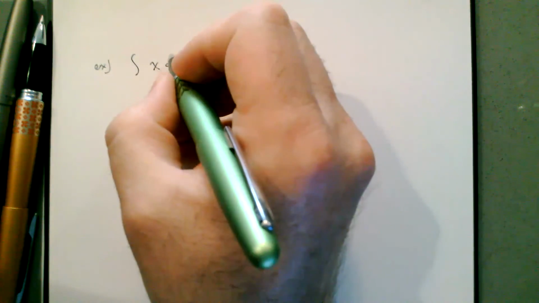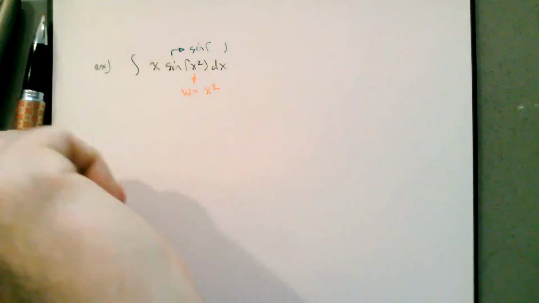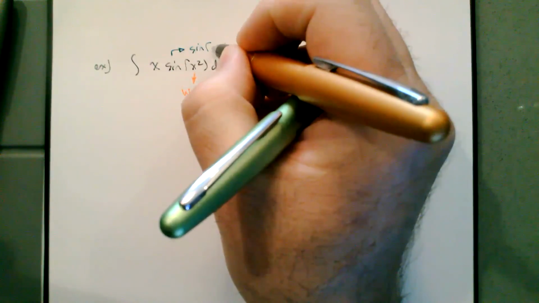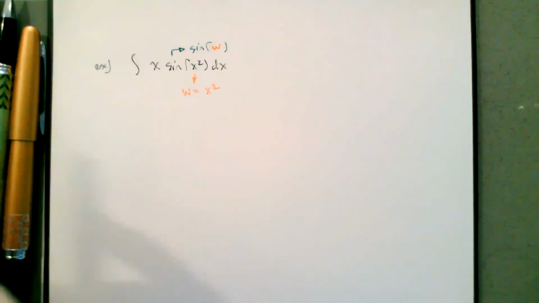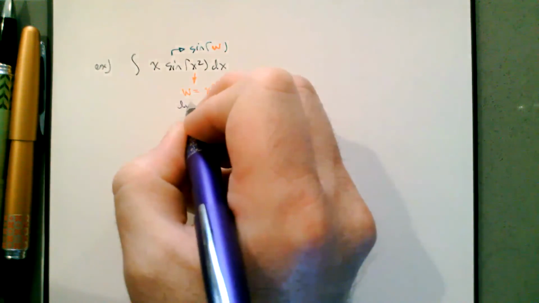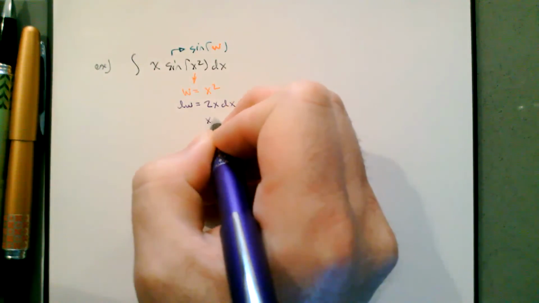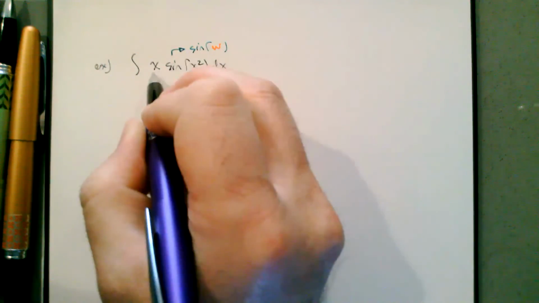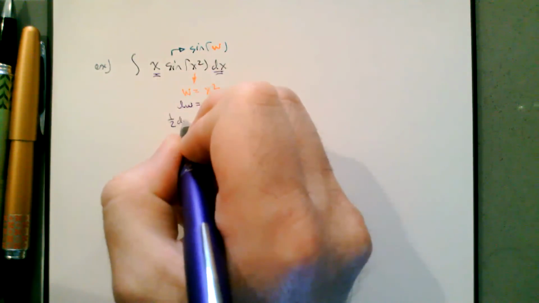That's inside the function sine, which we know how to integrate. So we're going to be integrating sine of w. And that x outside the sine of x squared is just there to be the derivative of the inside. So the dw is 2x dx. And so we can write x dx, the factors that we have, as 1/2 dw.